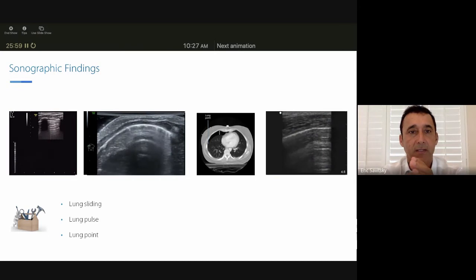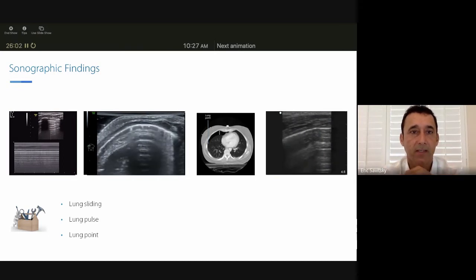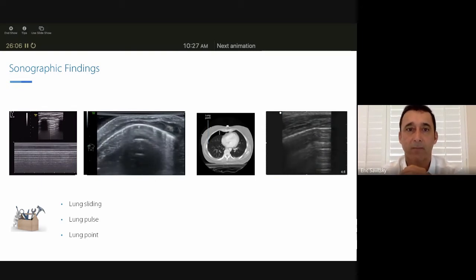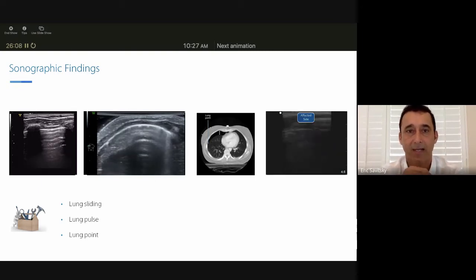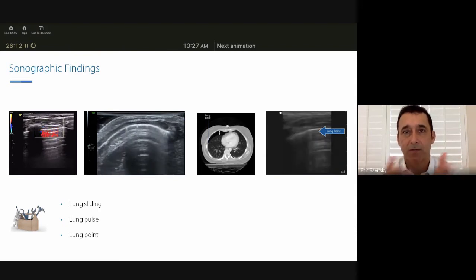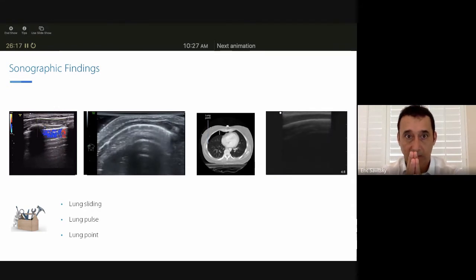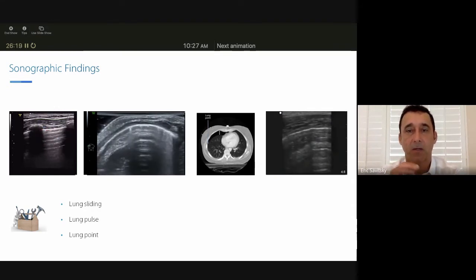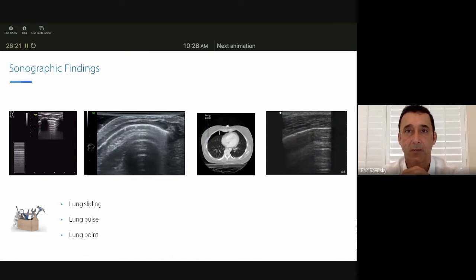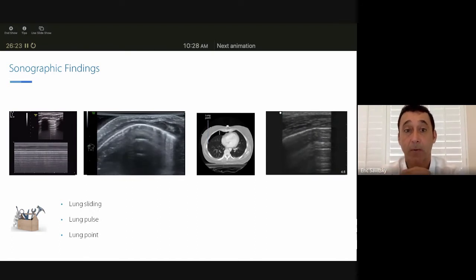The difference here is you see to and fro movement, but it's pulsating at a super high rate, looking like 60 to 80 times a minute. You can look at the patient in front of you, and if there's a disconnect and that doesn't represent the patient's visible respiratory rate, many times this is cardiac pulsation that's being transmitted to the pleural line. So this is what's called a lung pulse.